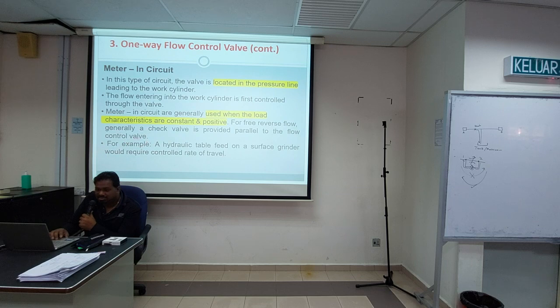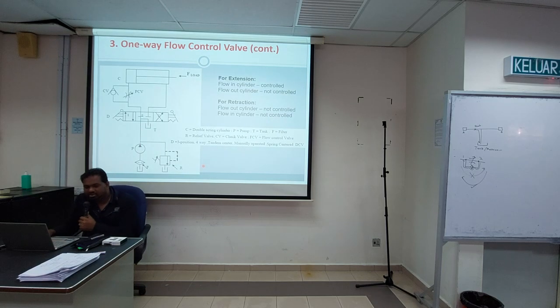So example yang kita boleh gunakan, hydraulic table feed on the surface grinder requires control rate of travel. So ini adalah meter in circuit. So kalau kita tengok, so ini adalah the pressure relief valve, your pump. So this is your reservoir. So dia masuk ke hydraulic valve, the direction control valve, so end lever.